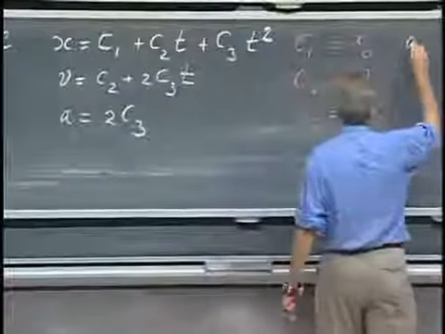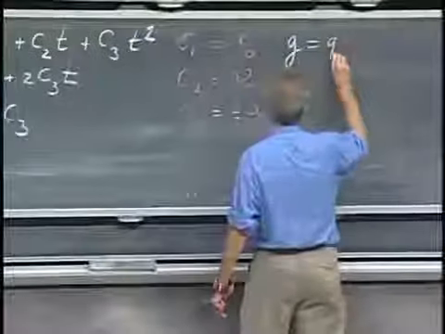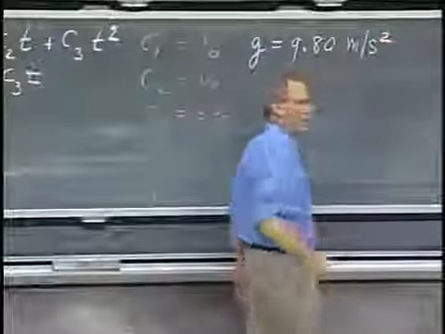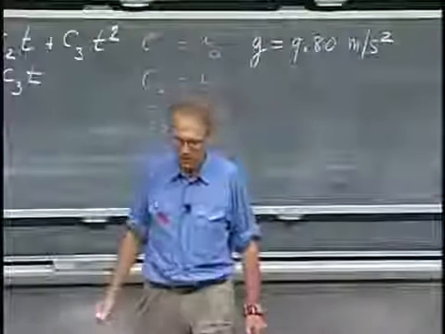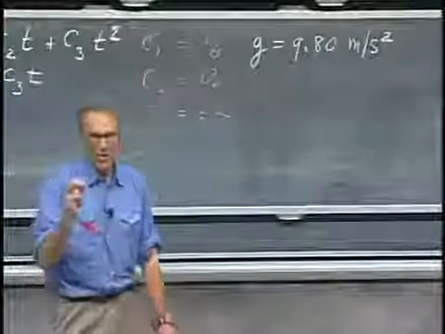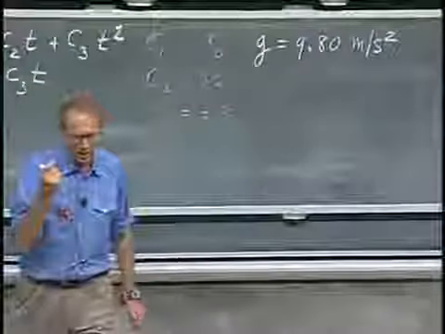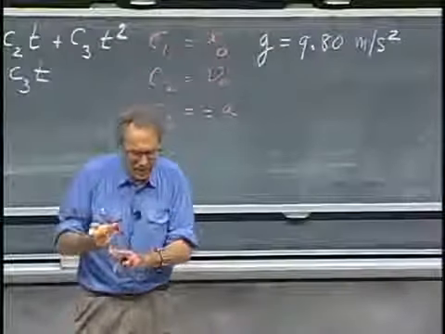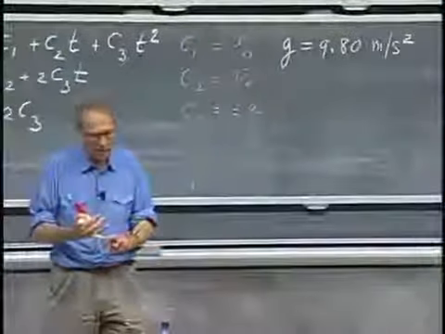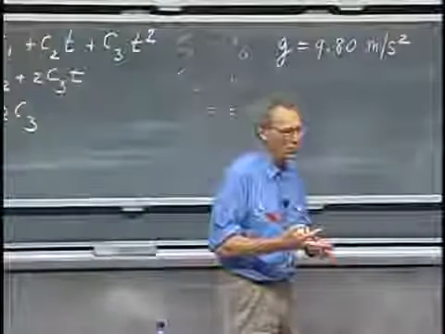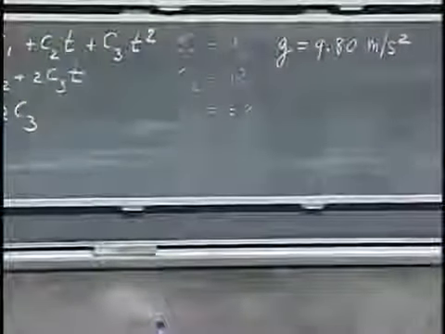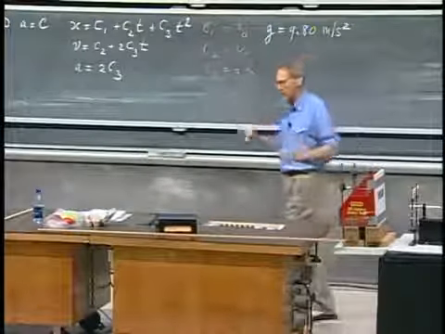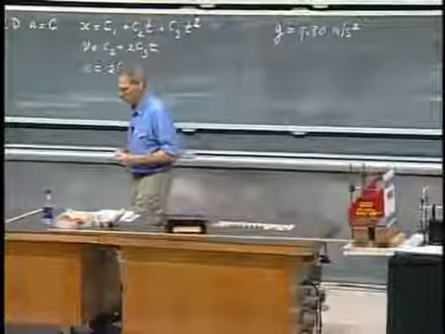And that g, gravitational acceleration, in Boston is 9.80 meters per second square, and it varies a little bit for different places on Earth. This gravitational acceleration is independent of the mass of the object that I drop, of the speed of the object, of the chemical composition of the object, of the size of the object, and of the shape of the object, assuming that we have no air drag, assuming that these experiments are done in vacuum.